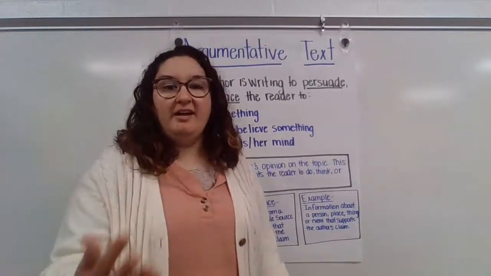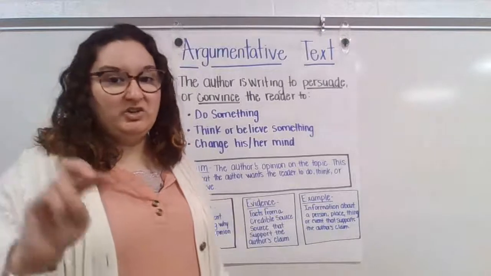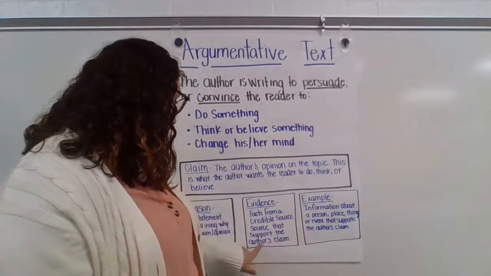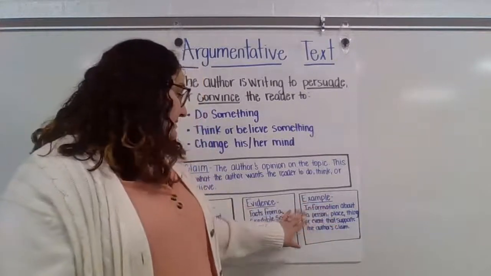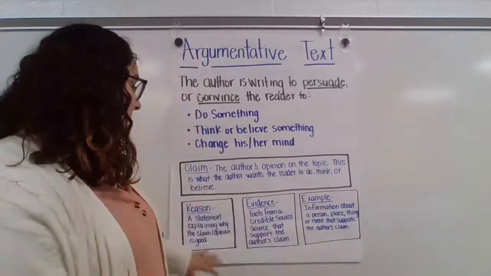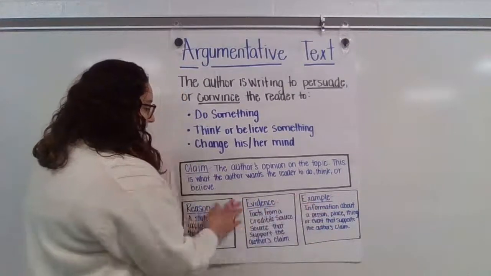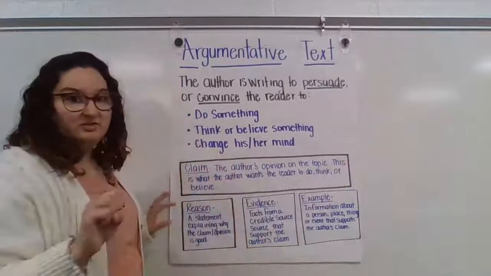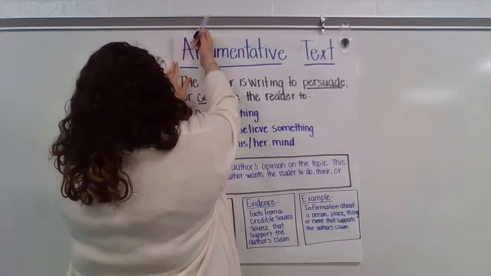Evidence: he's going to give you facts from a credible source that support the author's claim. And then they're going to give you examples, information about a person, place, thing, or event that supports the author's claim. So all of these, reason, evidence, and example, tie back into the claim that is written.